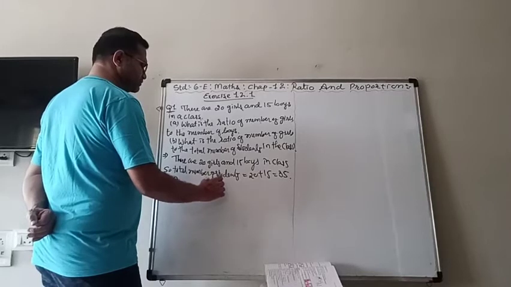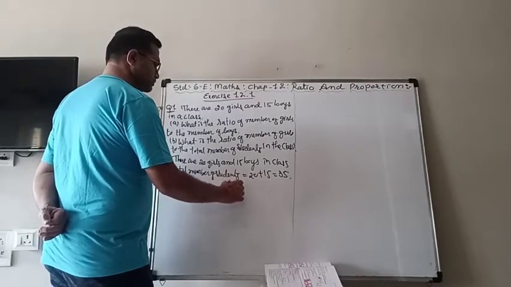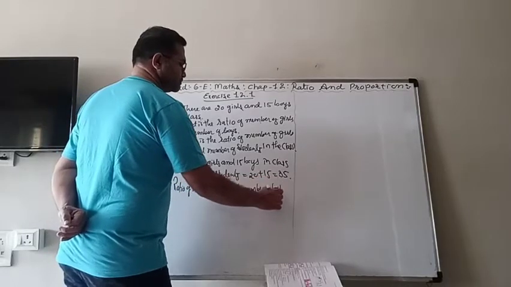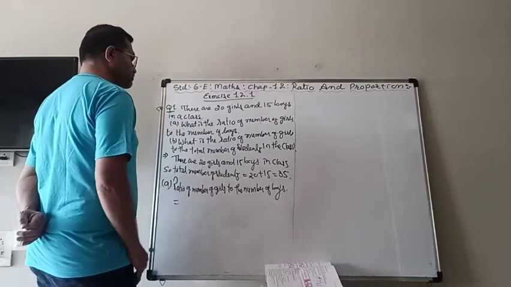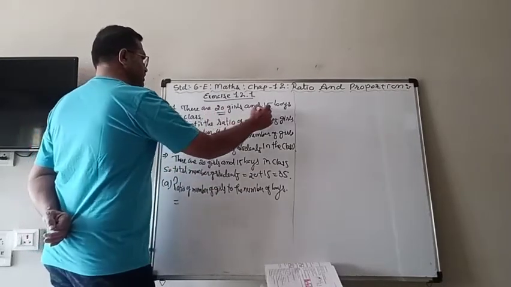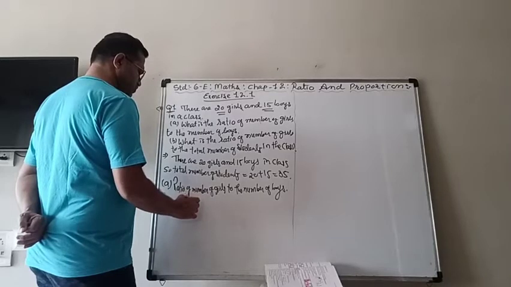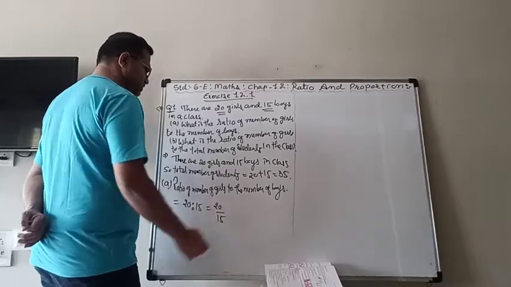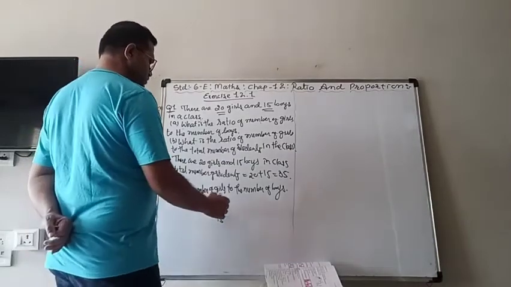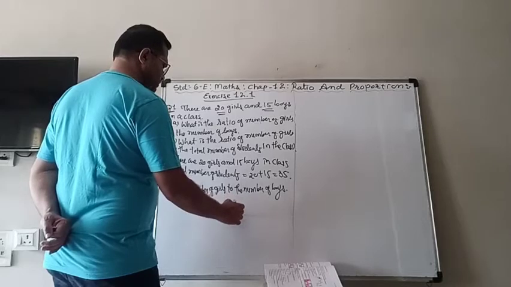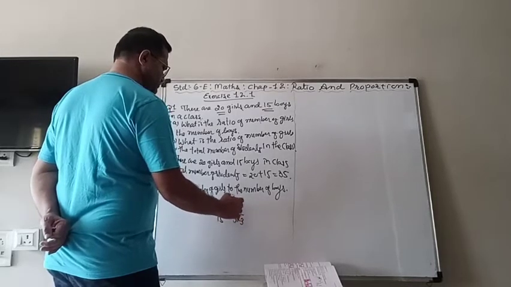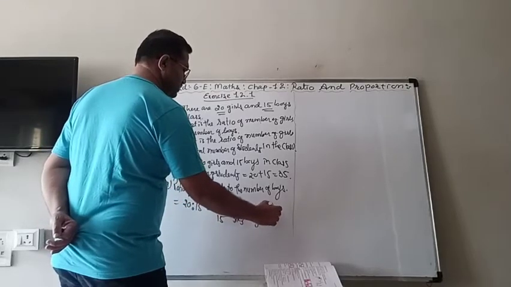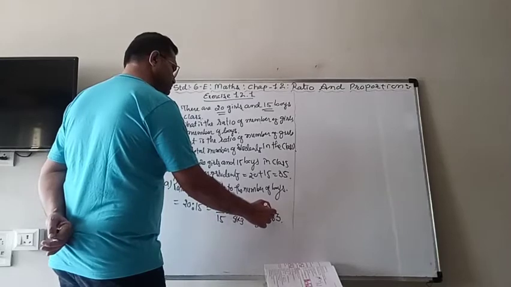That is 20 is to 15, which you can write as 20 upon 15. 5 fours are 20, 5 threes are 15, so it is equal to 4 upon 3, that can be written as 4 is to 3.